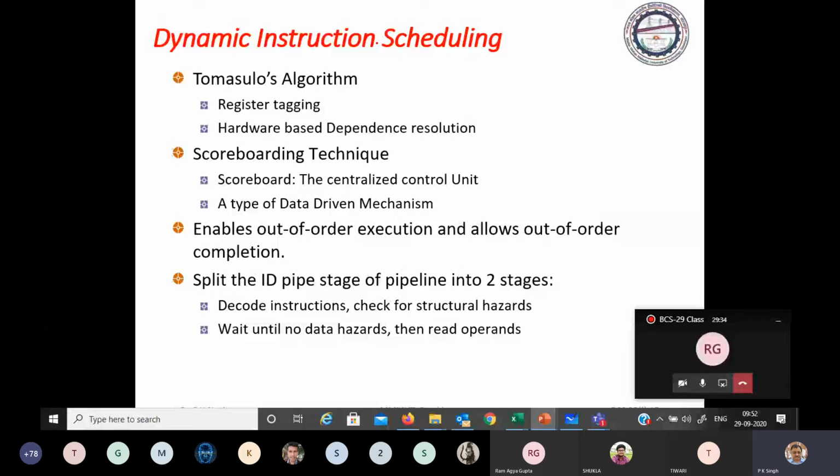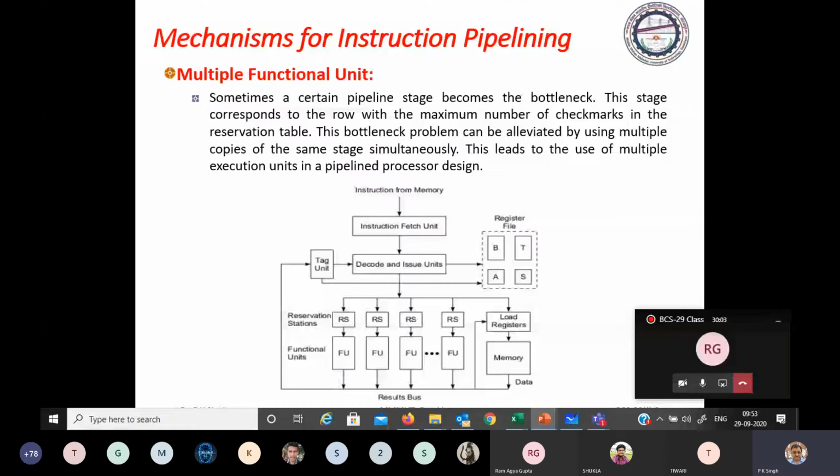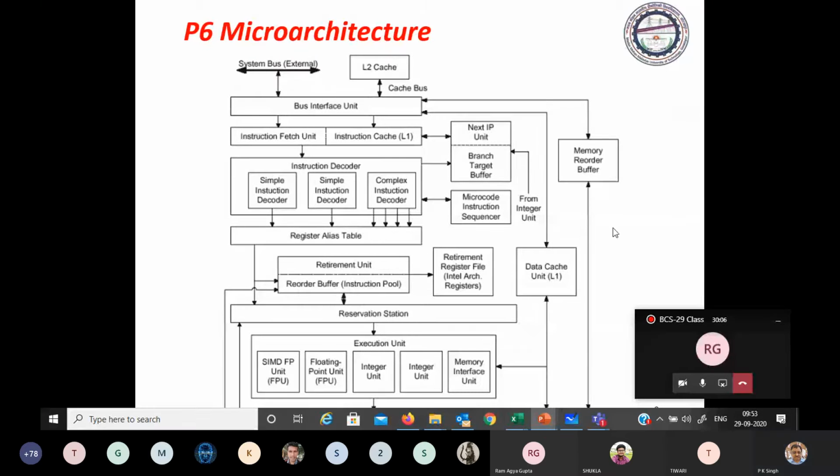And in scoreboarding, we maintain a scoreboard of the dependencies of the instructions. Okay. Now see Tomasulo's algorithm. Here, if you go back and see, because here it will be clear, because this is implemented in the P6 microarchitecture. You can see here, you just see this portion.